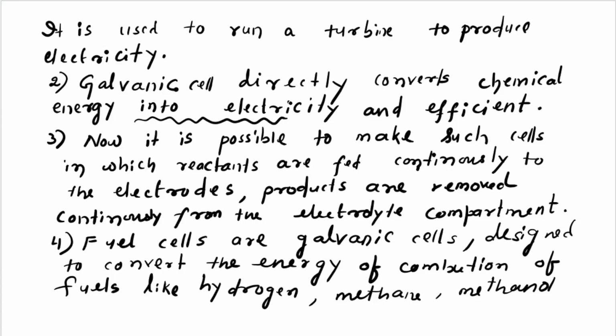Now it is possible to make such cells in which reactants are fed continuously to the electrodes and products are removed continuously from the electrolyte compartment. Are you clear? That means a galvanic cell directly converts chemical energy to electricity and is a good, efficient one.